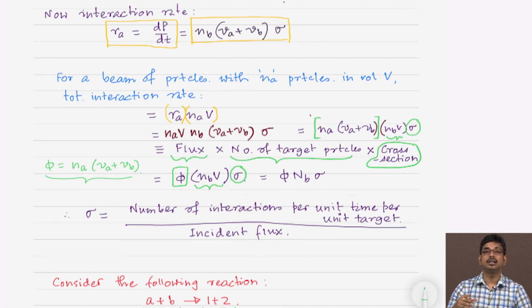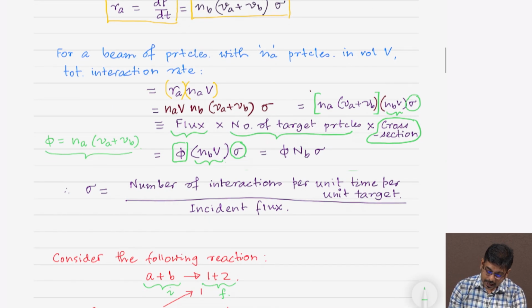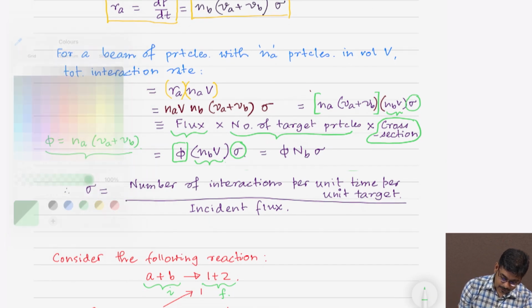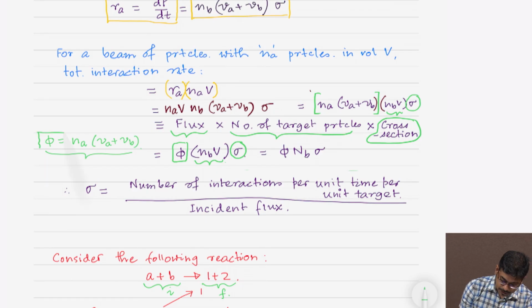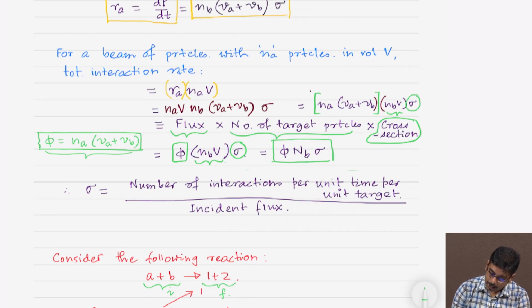So, these are the three quantities which define the interaction rate with particles of type B if the cross section is sigma for a beam of particles with N_A particles in volume V. In a sense your phi is defined as N_A into (V_A plus V_B), and then with this the interaction rate is phi into capital N_B, where capital N_B is essentially small n_B into the volume V, into the sigma.